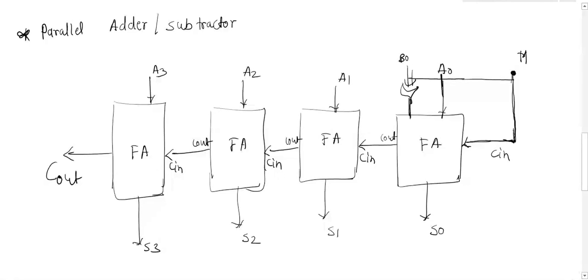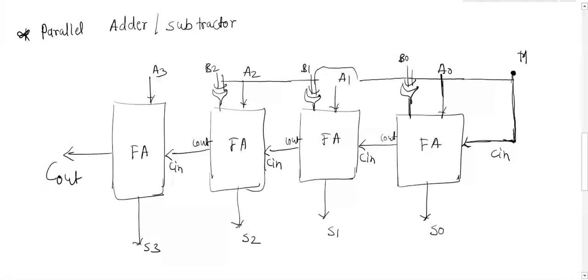Similarly, for the second full adder, now I am using the XOR gate. The first input is B1, the second input is M. Similarly, for the third, the first input is B2, the second input is M. Now I am connecting here.